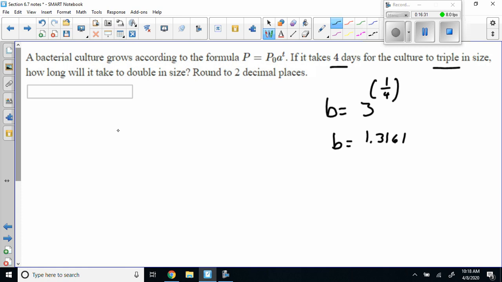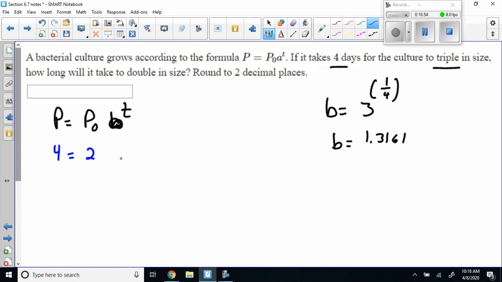So what we're going to do is we'll set it up. We'll say P equals P sub 0 a to the t. Well, they got a, but we're going to say b to the t, right? The base. We're going to say begin amount 2, end amount 4.